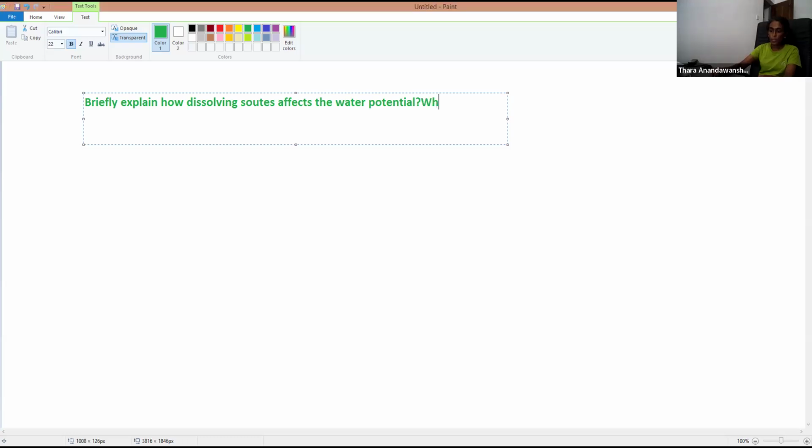Why is the solute potential of a solution always a negative number?